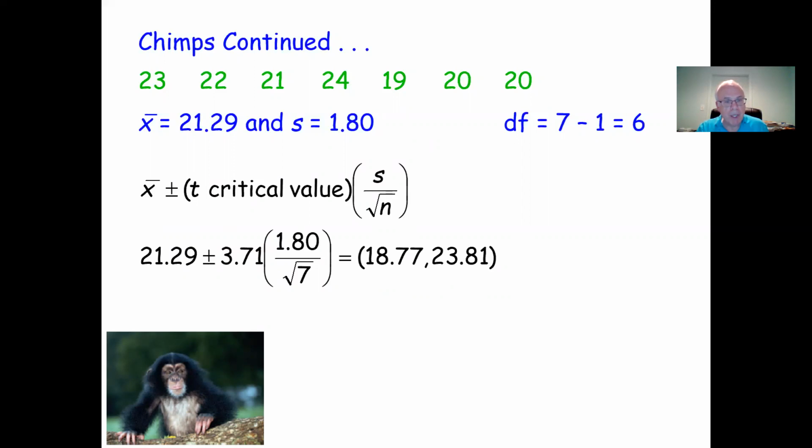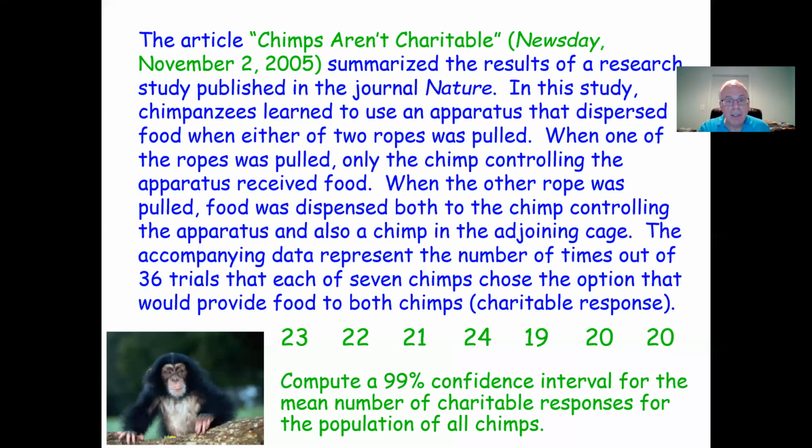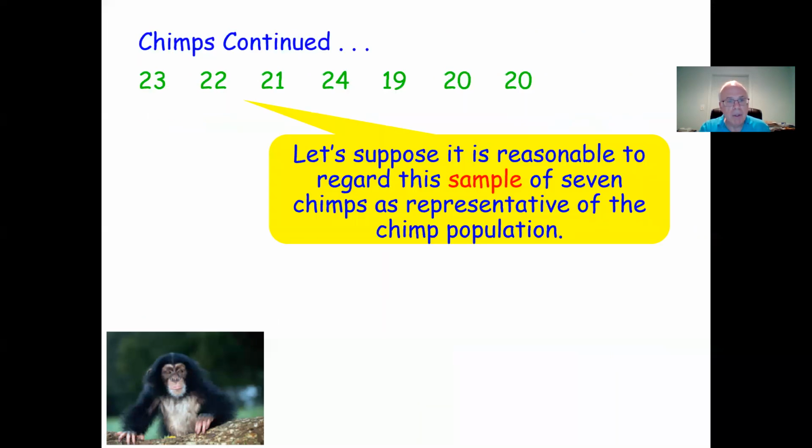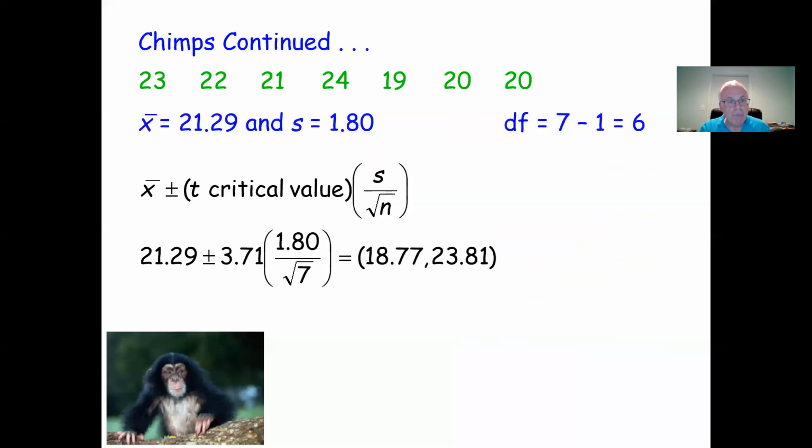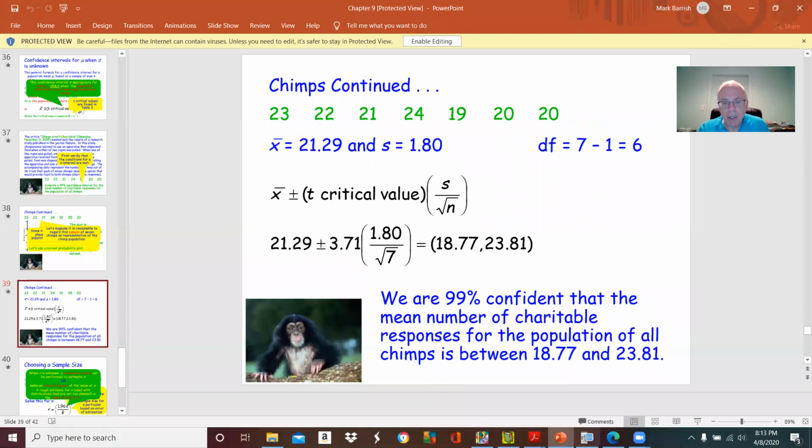If you remember, this was a 95% interval, I believe. Let's go back. Oh, they want a 99% interval. All right, 99% confidence interval. So where did they get the 3.71 from? Let's go back to our calculator.